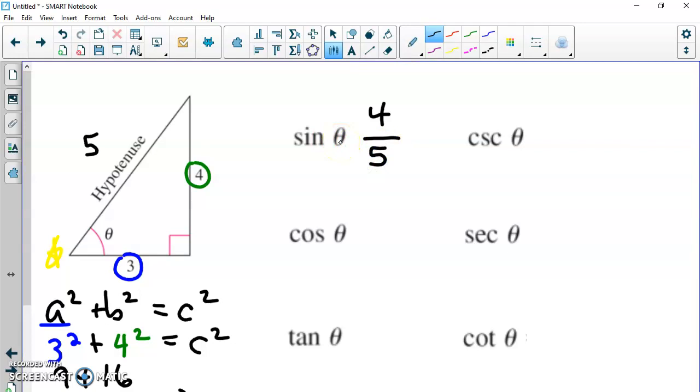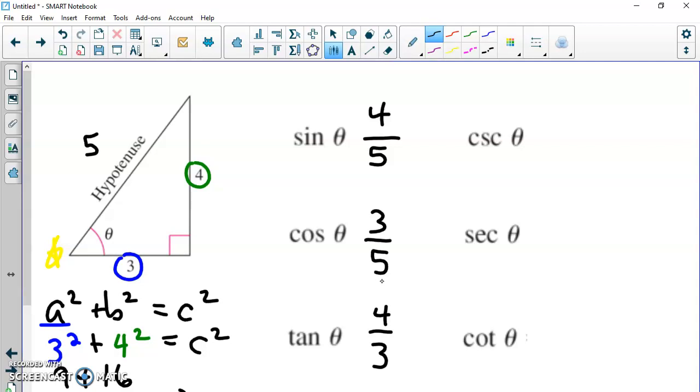What would cosine be? Cosine of theta is adjacent, which is 3 over the hypotenuse. And then tangent is opposite over adjacent, which is 4/3. Or tangent is also sine divided by cosine, so you could have divided 4/5 by 3/5, flip this guy over, and that's where you would have gotten 4/3.